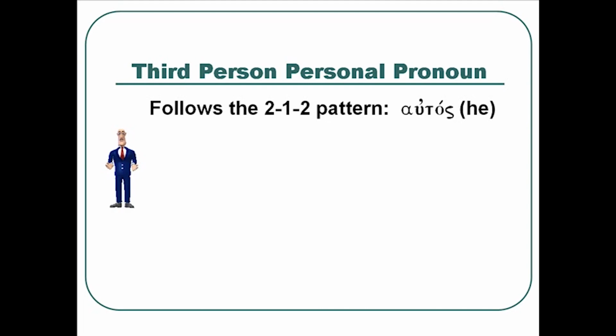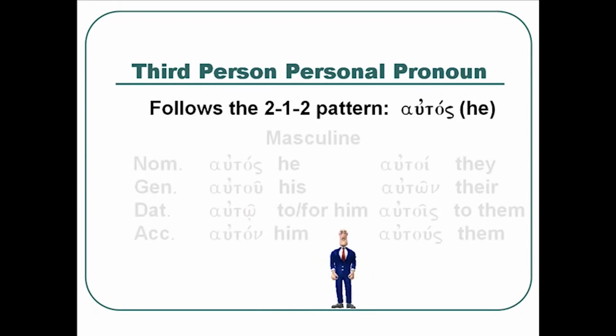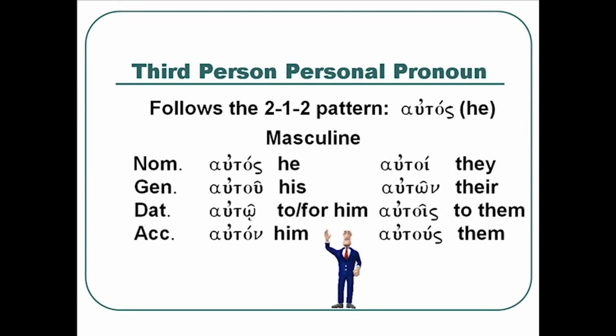Now here are the forms of autos, which is he. Autos, he, autou, the genitive, his, autoi, to, by, for, at, with him, the dative singular, auton, him, the accusative.